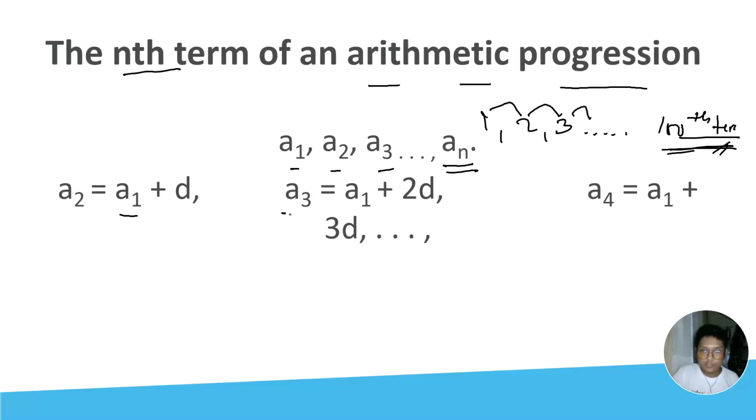Ngayon naman, for the third term, i-add dun sa first term is twice the value of the common difference. Diba? Kasi may common difference tayo. Para makuha ko yung third term, i-add ko yung dalawa dun sa first term. Kaya 2D.